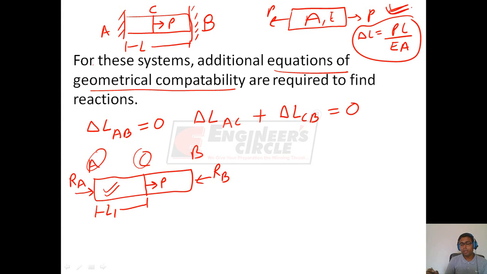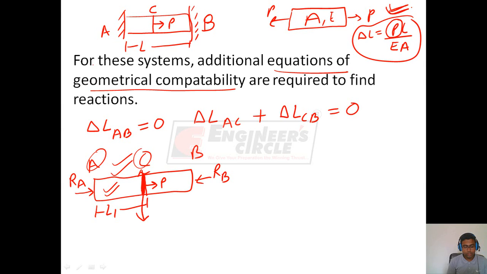But we have to find the load which will be acting on the bar AC. To find the load acting on the bar AC, just stand at the end of the bar AC, that is just before the end of the bar AC at this section. Look at all the forces that are acting in the left part of this section.